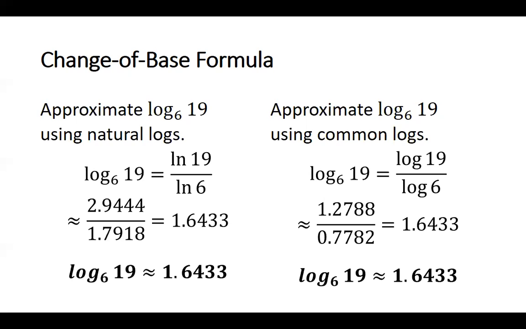Log base 6 of 19 is approximately 1.6433. So as you can see, and you can plug this into your calculator and verify that I'm not just giving you a snow job here, it does work. As long as it's got the same base in the numerator and the denominator, it will come out with the same thing, even though using different bases will give you different values for the numerator and denominator. The ratio will always be the same.